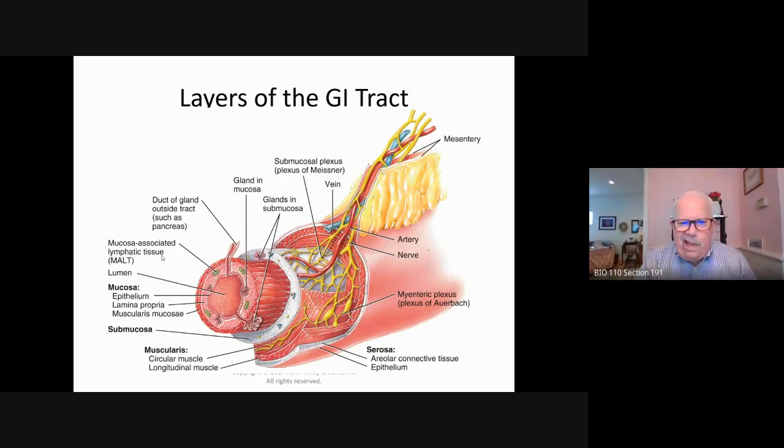The lymphocytes in the MALT system will attack those peanuts and you will have an allergic reaction. This is why MALT is very important. It also kills bacteria too. So that's why you need lymphocytes in your GI system.